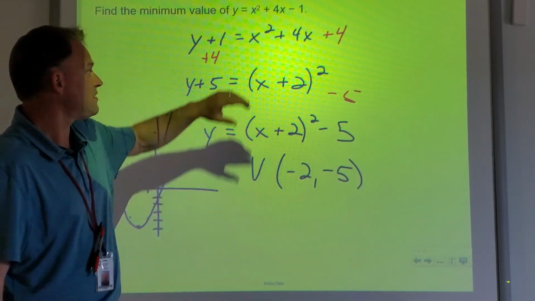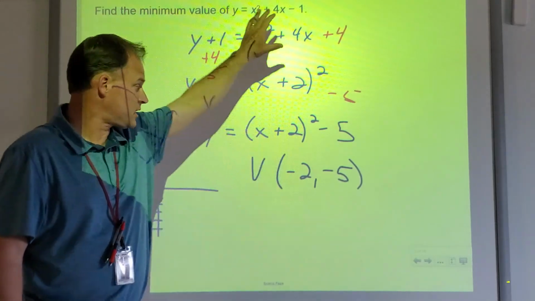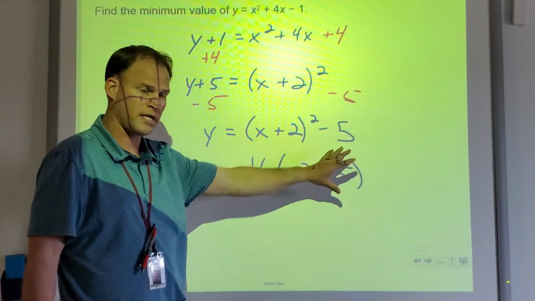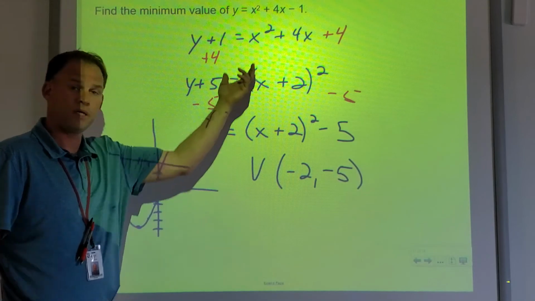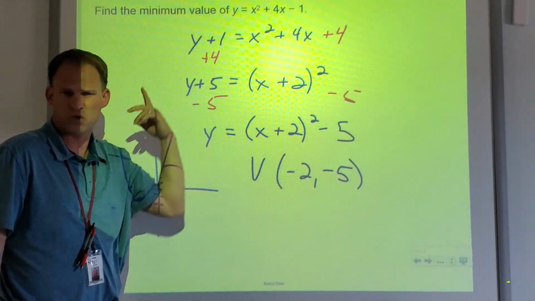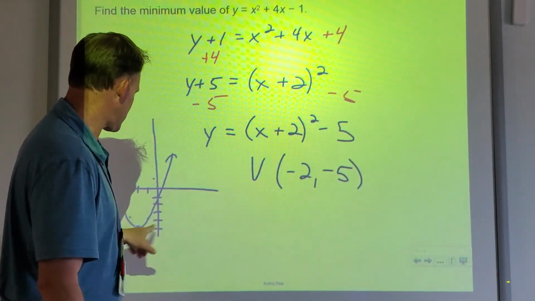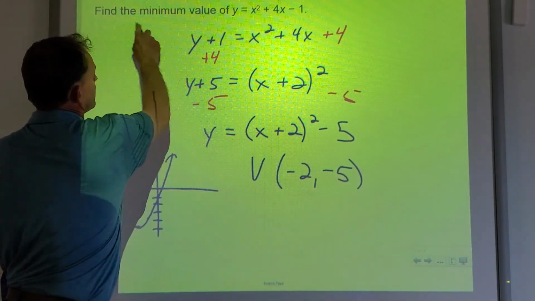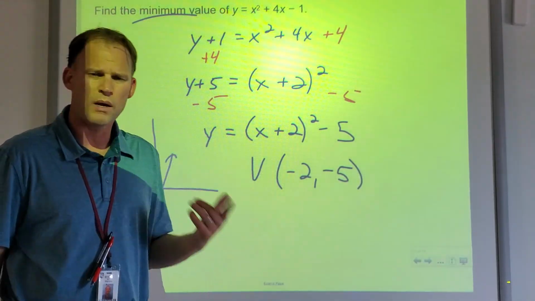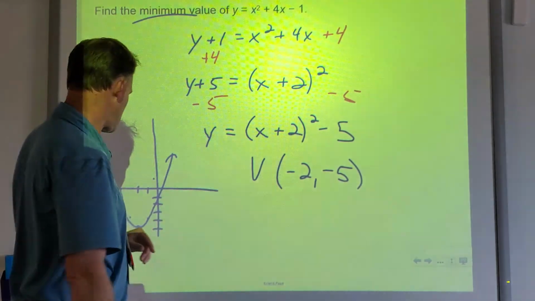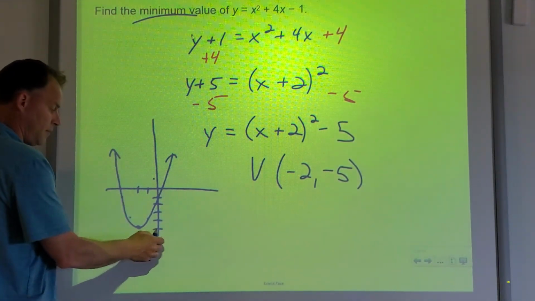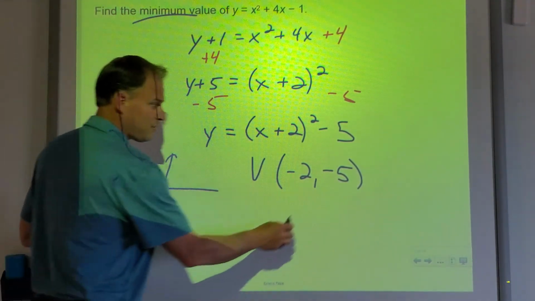So, the advantage of this method, it gets me to vertex form, and vertex form I can graph pretty quick, especially if there's no stretch, but if there is a stretch, it's still not real hard to graph once I know where the vertex is. The vertex, getting back to the question it asked me, is also my minimum or maximum value. So right here, I know this is a minimum at -5.